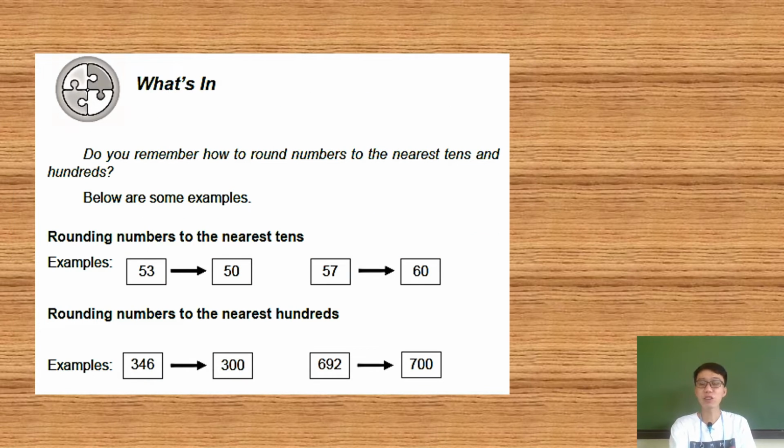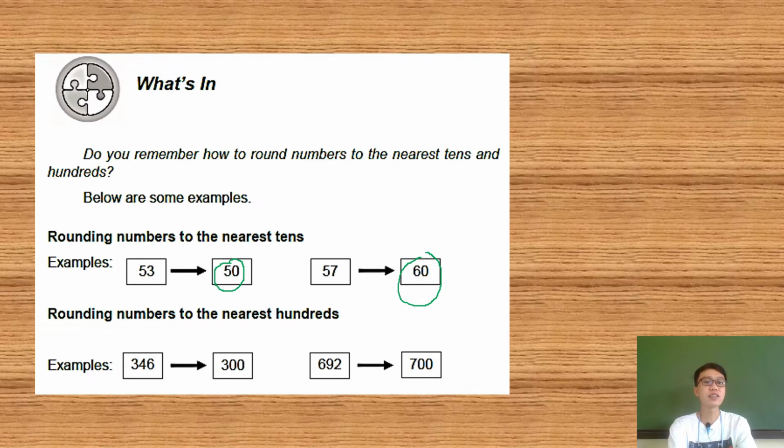Do you remember how to round numbers to the nearest tens and hundreds? Below are some examples. Round numbers to the nearest tens. Examples: 53. If we're going to round off 53 to the nearest tens, the answer is 50. Next is 58. If we're going to round off 58 to the nearest tens, the answer is 60.